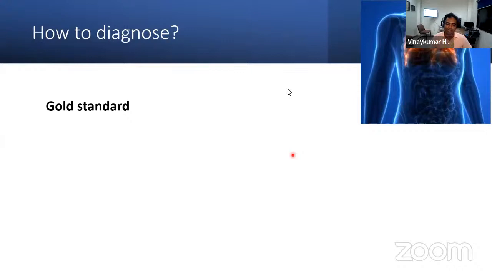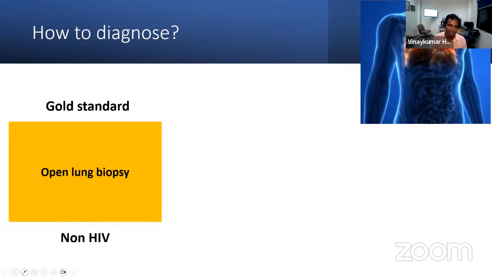Okay, so my answer to this question is, because it's a fungus, the gold standard is always going to be a biopsy. So the gold standard is indeed an open lung biopsy, and it makes more sense in non-HIV patients compared to HIV patients.